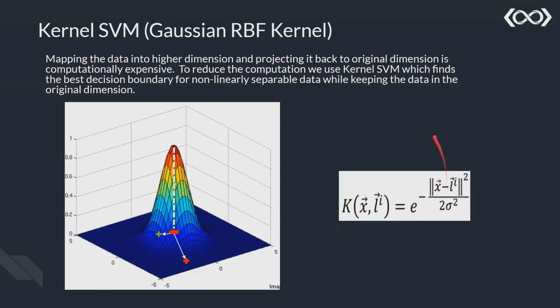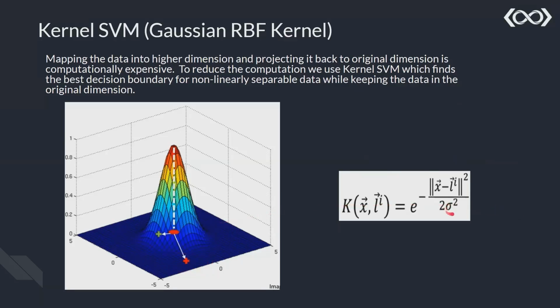So 1 upon e to the power something increased will be less than 0.2. It will be, let's say, 0.01 or 0.1. So the circumference will decrease.